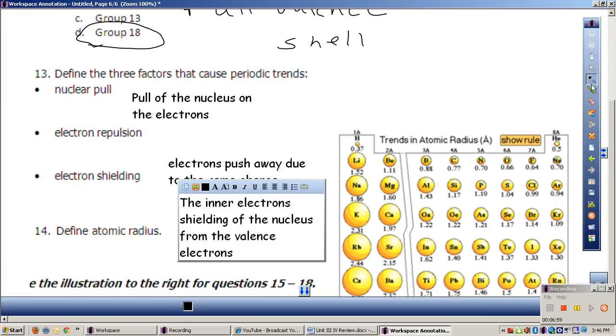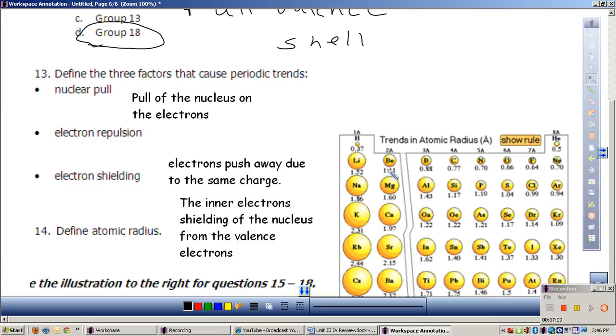So if you look at it, again, as you go down the periodic table, you have more protons, more neutrons, more electrons. But the problem is, if we look at group 1, the nuclear pull is not that strong because we have a lot of shielding electrons that get in the way. As you go down, you're getting more protons, but you're keeping the same number of shielding electrons. So as you go down the periodic table, a lot of things happen.